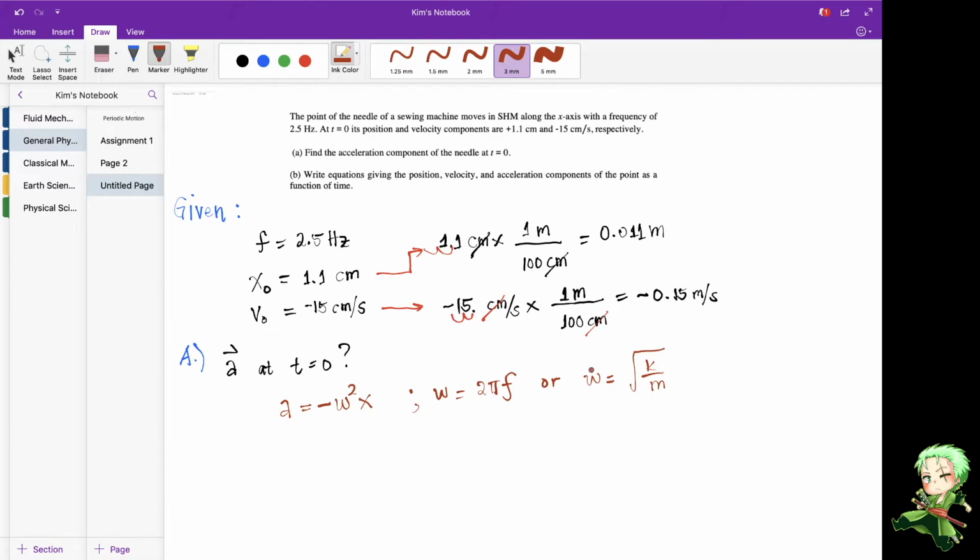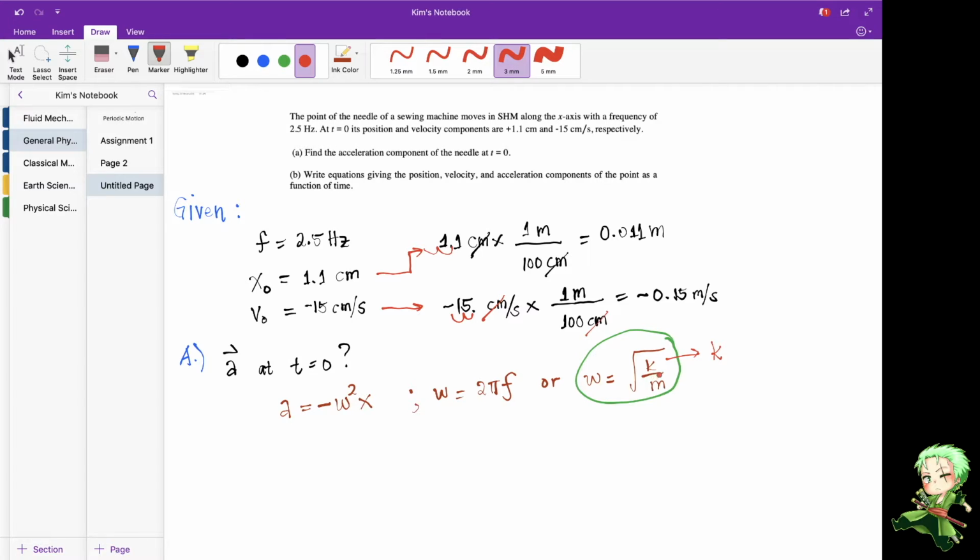This time around you see two different expressions for omega, and it should be clear to you which one you are going to use. This expression, which I will encircle in green, is useless in this case because it has a force constant k, which usually refers to the force constant of a spring.